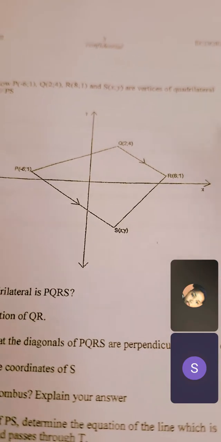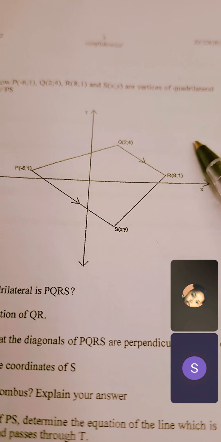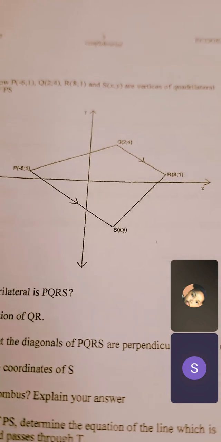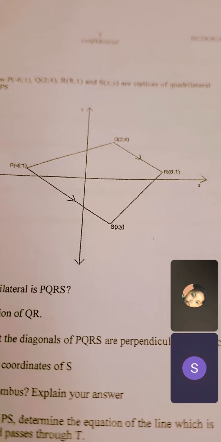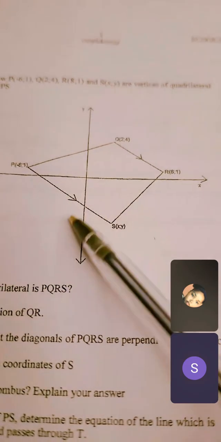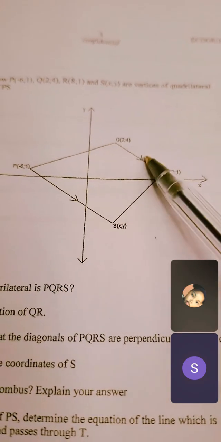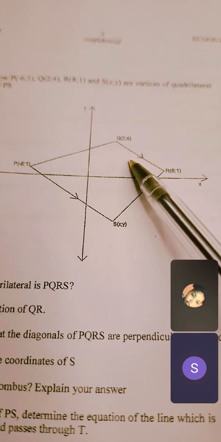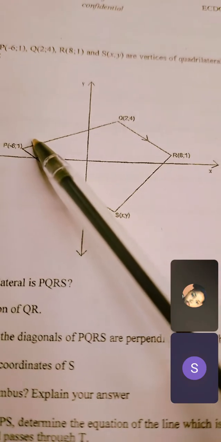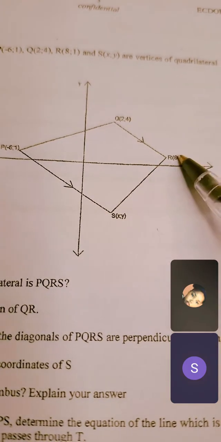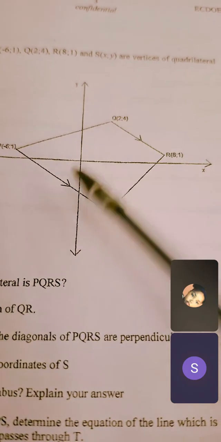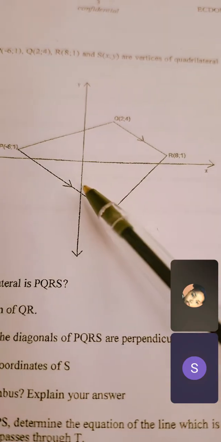Did you check? That's my question. Remember, these sides are parallel, and my question is, did you check if these sides are too? Because if I find that these sides are parallel, then game over. This is actually a rhombus, guys.